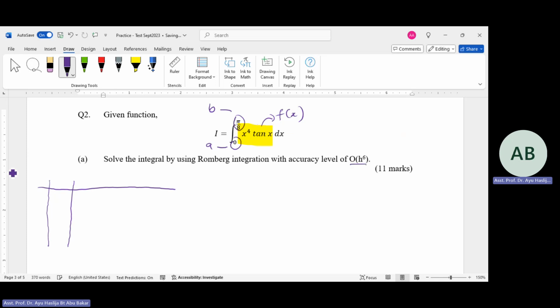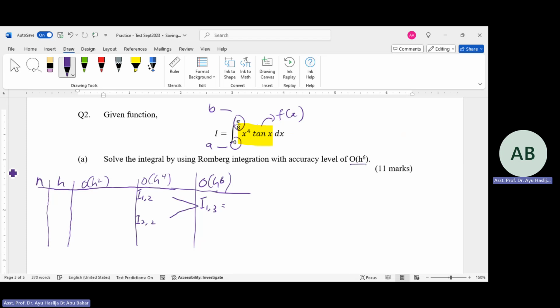OH6. Okay, we have NH, OH2 is level 1, OH4 is level 2, OH6 is level 3. So this one would be I13. I13 requires two values from level 2, which are I12 and I22.